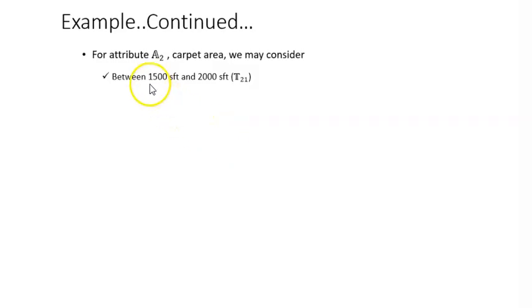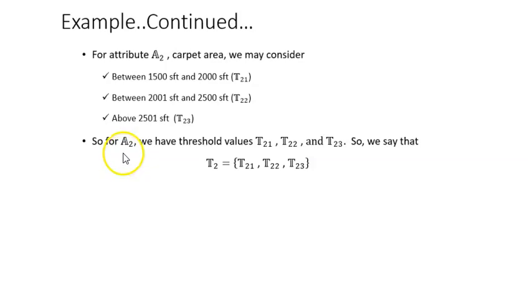Similarly, for attribute A2, we may consider A2 is carpet area. We may consider between 1500 and 2000 is T21, between 2001 and 2015 is T22, and then it is T23. You can see you have A2 here, it is T21, T22 and T23.